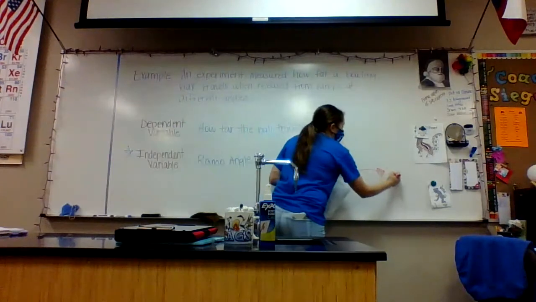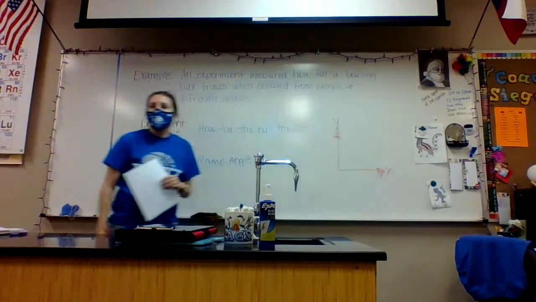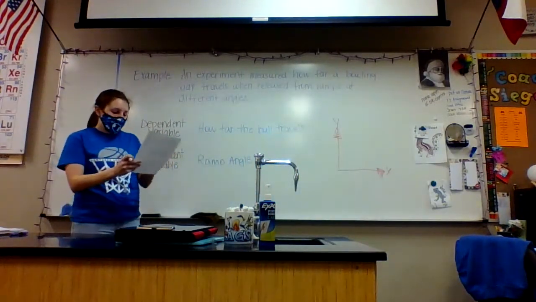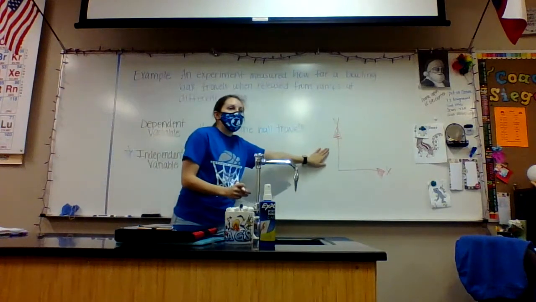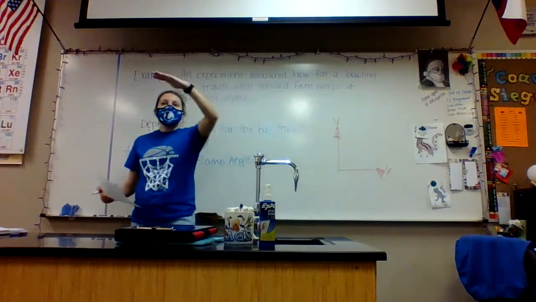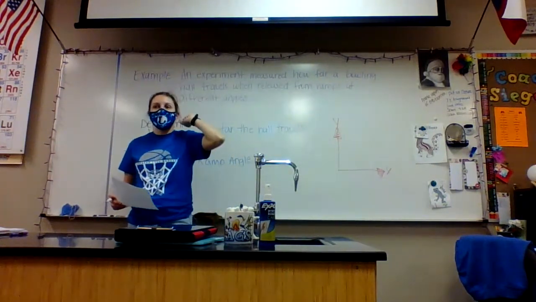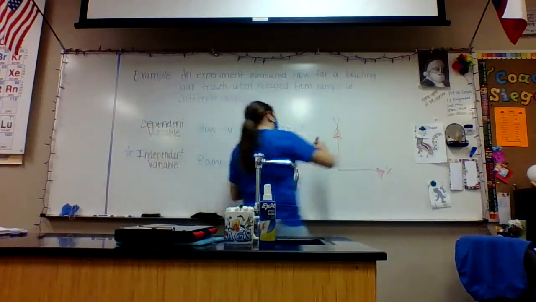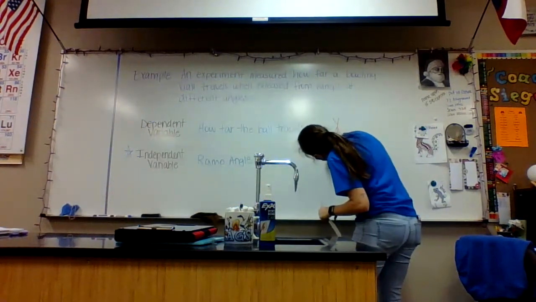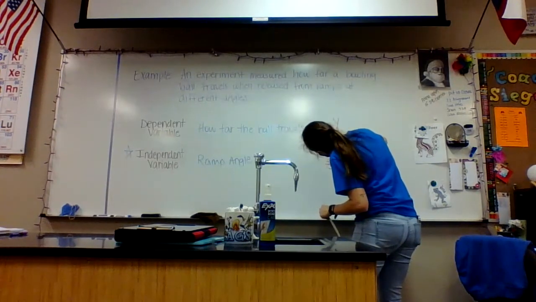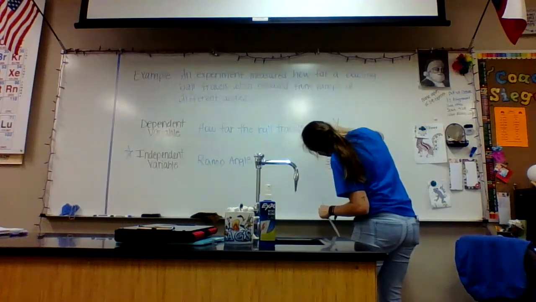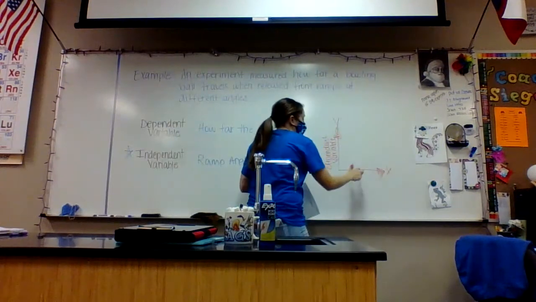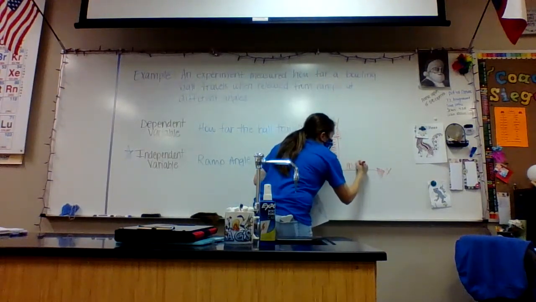This is my x-axis. Which one is going to go on my y? Think about DRY. What does D stand for? Dependent. So on my y-axis I have my dependent variable. And this one would be the independent variable.